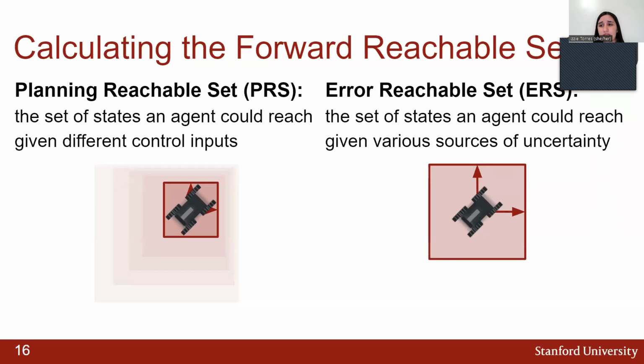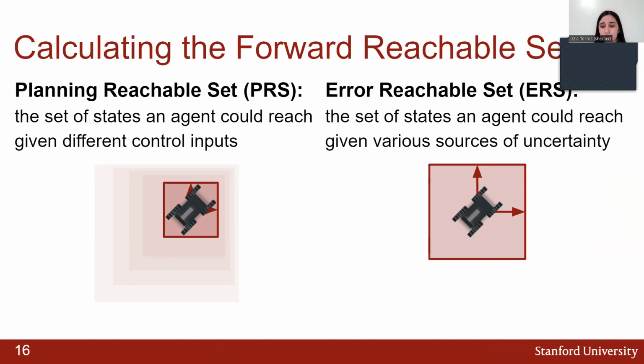In order to calculate the forward reachable set, we consider the planning reachable set and the error reachable set. The planning reachable set is a set of states an agent could reach given different control inputs, for example, if it goes straight, left, or right, and how fast it's going. The error reachable set is a set of states an agent could reach given various sources of uncertainty.